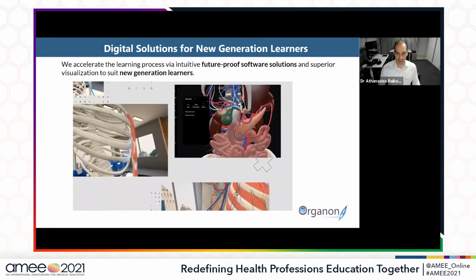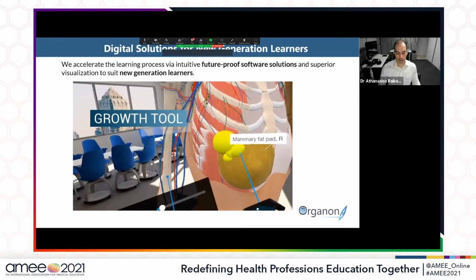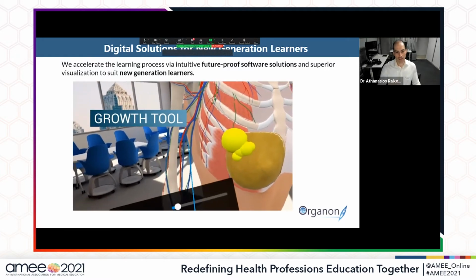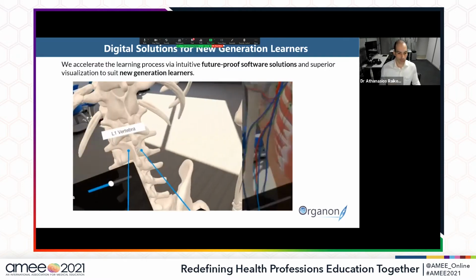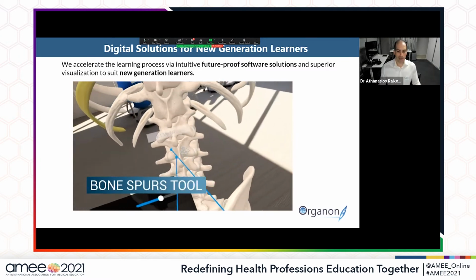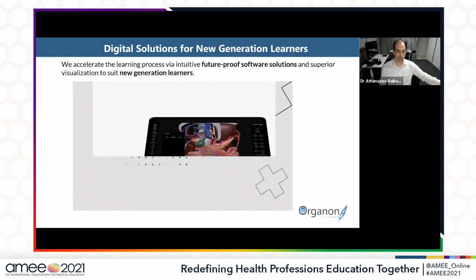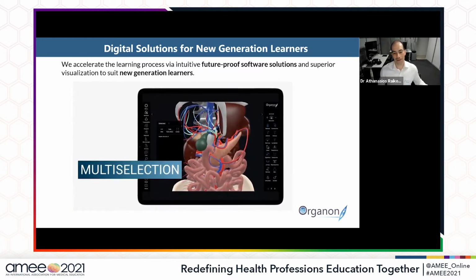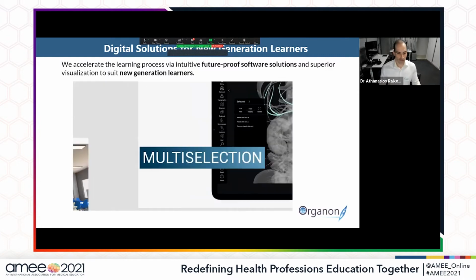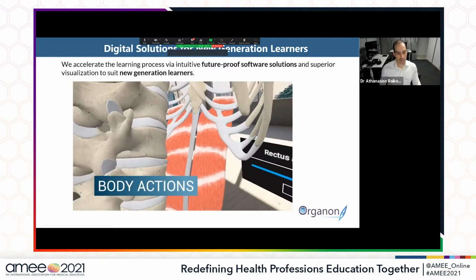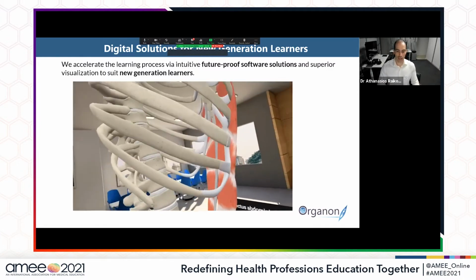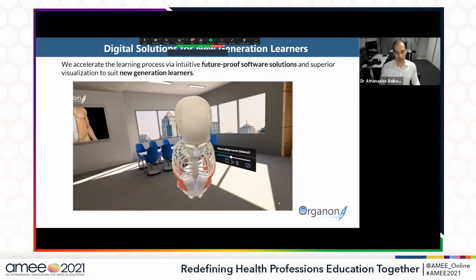We have a number of microscopic anatomy models that look like full thickness histology models. There are other tools for deploying like bony spurs, tumors, other effects on the model that help a lot with explaining features to students. We have an amazing body actions module that has over 550 animations.